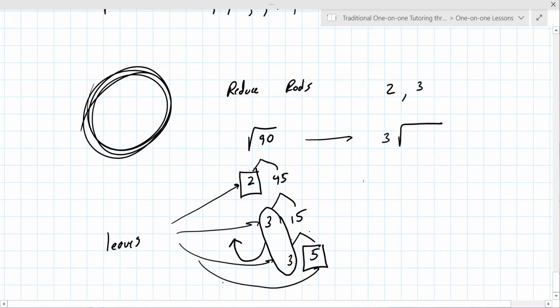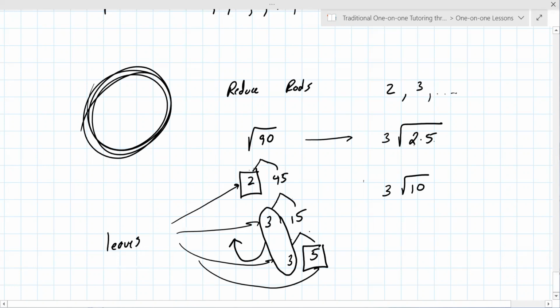You only look at the leaves. So the 2 and the 5 are left over. They're the leaves, and they go back inside here. So your final answer is 3 square root 10. But it all starts from knowing your primes.